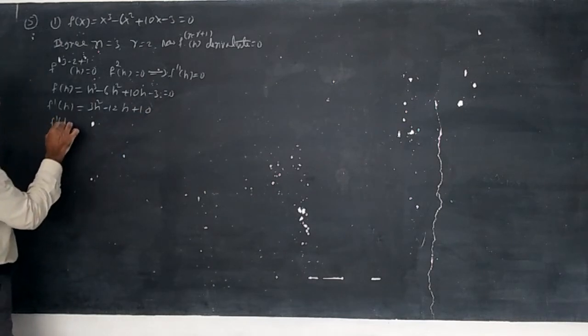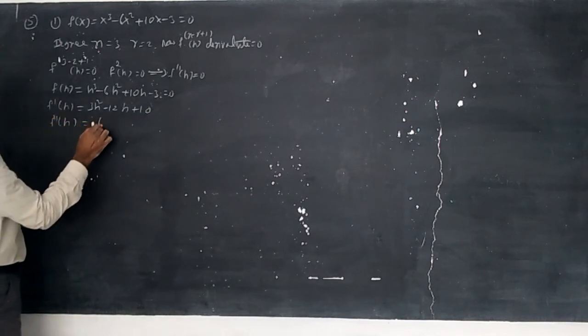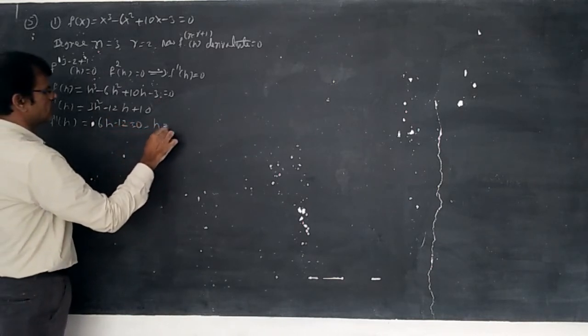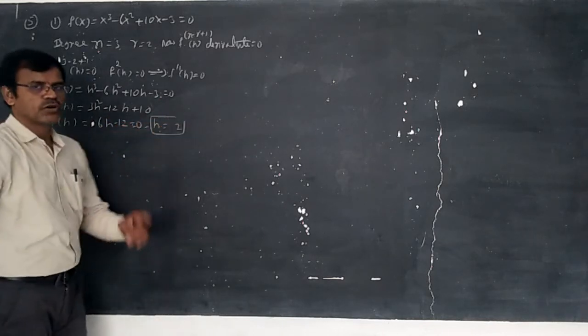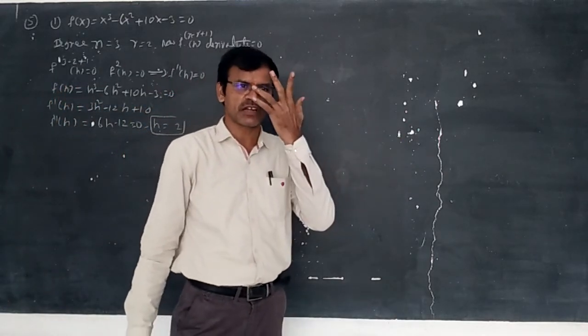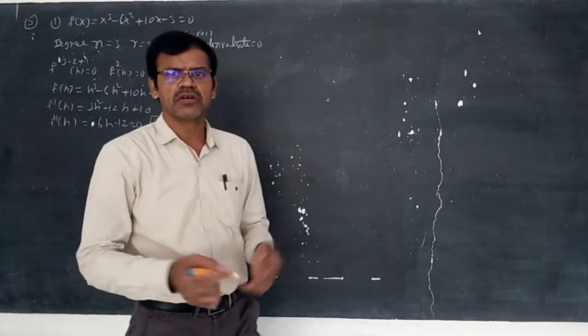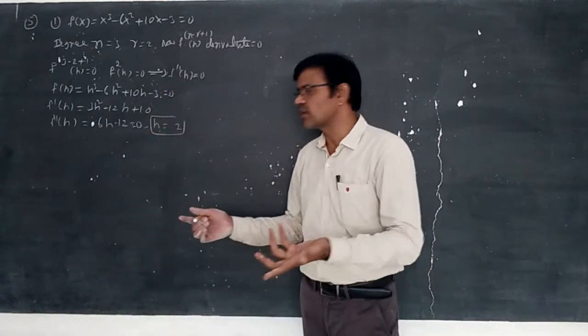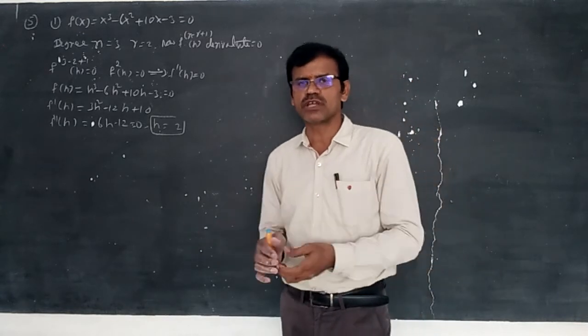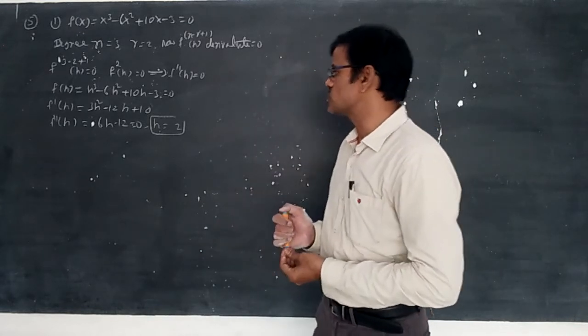F double dash h is equal to 0 means 6h minus 12 equal to 0. Directly you can write h is equal to 2. So only one value we got. There is no rule that two values should be obtained. If you get one value, simply do the transformed equation with one value. If you get two values, do the transformed equation with two values. No problem.